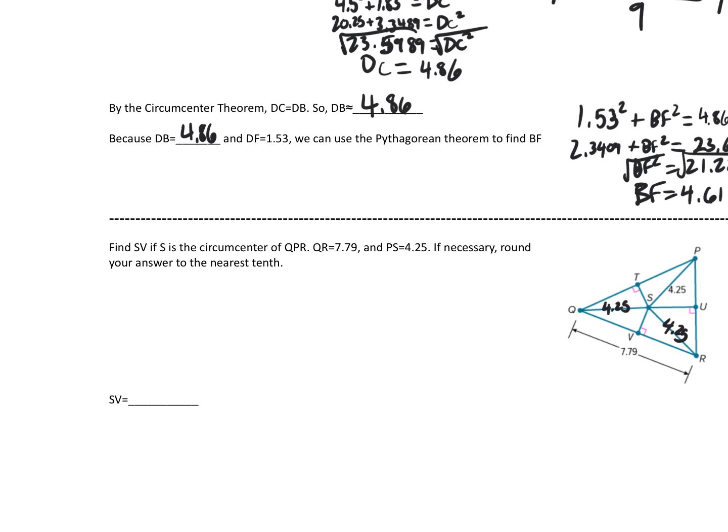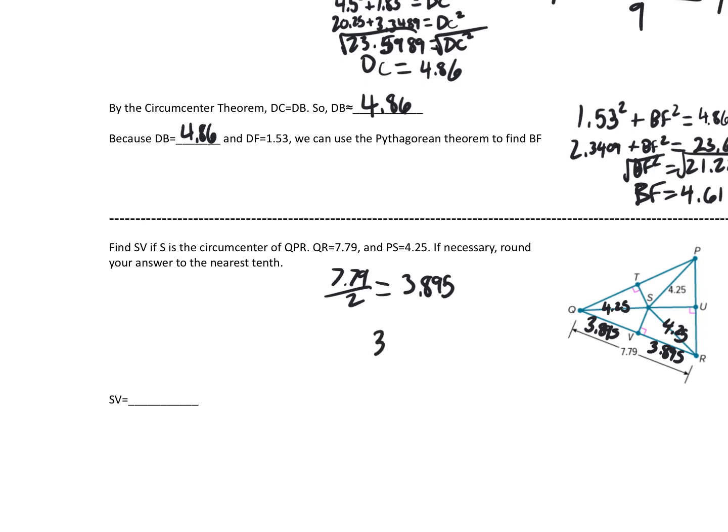So I can figure out what VR or VQ is by just taking that 7.79 and dividing by 2. So 7.79 divided by 2 is 3.895. So that's 3.895 and that's 3.895.